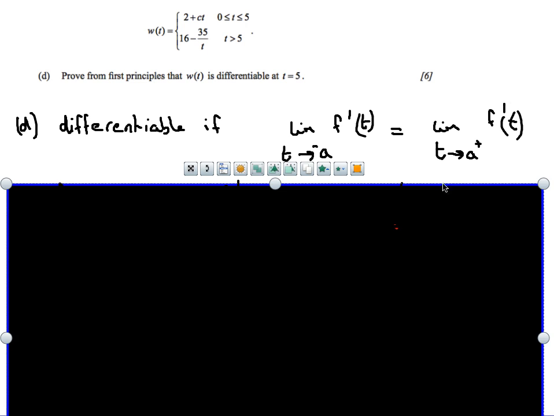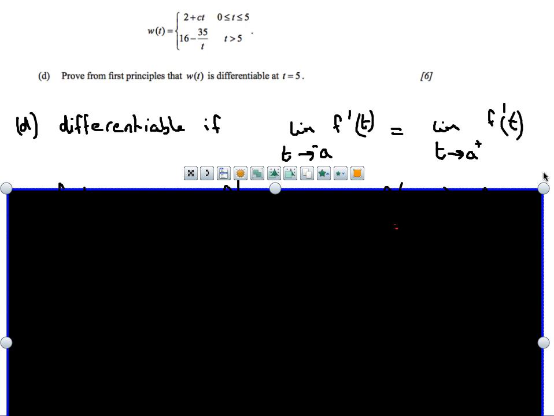Okay, and then the third part of this question gets a little bit more difficult. We've got to prove from first principles that W(t) is differentiable at t equal to 5. And we're going to start with this basic idea here, that if it's differentiable, then the limit from the left hand side of the differentiated function is equal to the limit on the right hand side of the differentiated function.